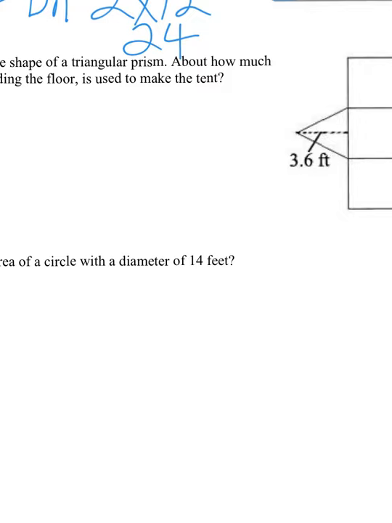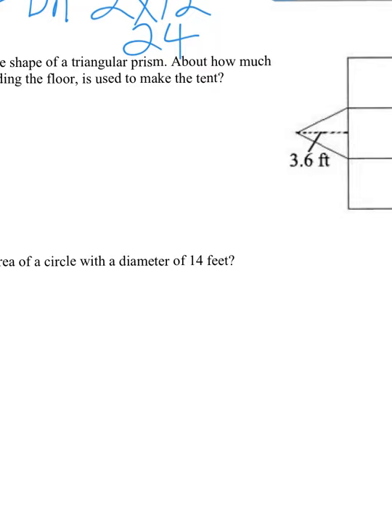Number 7. A tent is in the shape of a triangular prism. About how much canvas, that's the cloth that the tent is made out of, including the floor, is used to make the tent? It doesn't say it in the problem, but what we're looking for is total surface area.